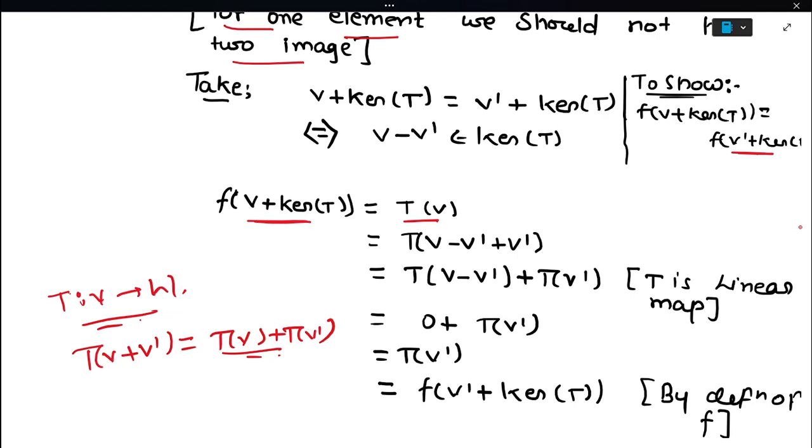So it will be T of v minus v dash plus T of v dash.